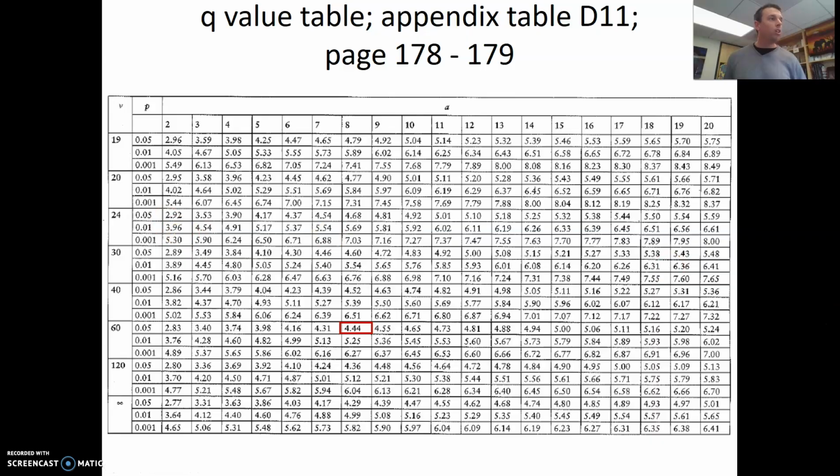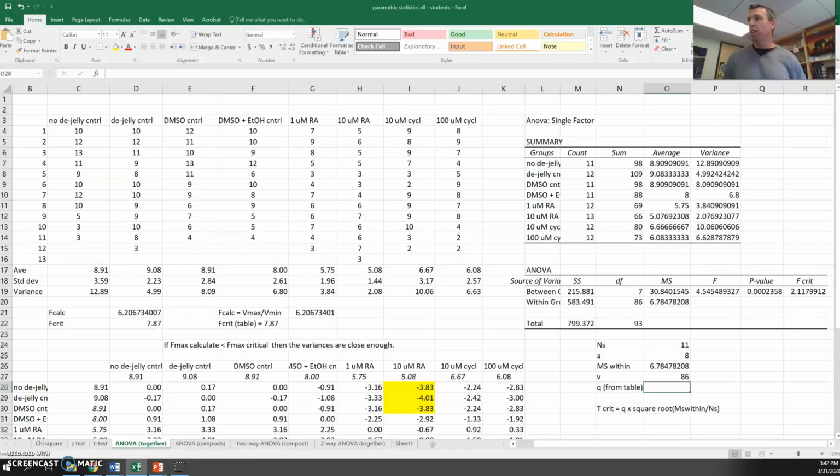Let's head back to our Excel file here. We can even just put that in. That was 4.44. Now I can use that to calculate my Tcritical. So I can go equals, and I know I need 4.44 for the Q, times the square root function, which we've used before, times the square root of MS within divided by NS.